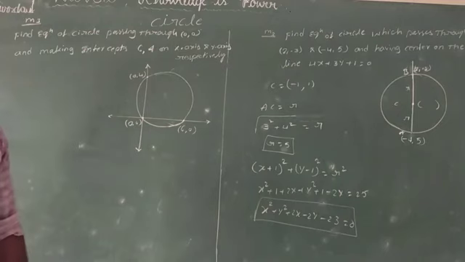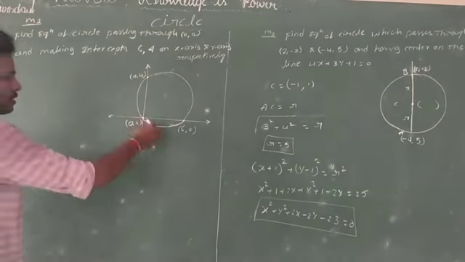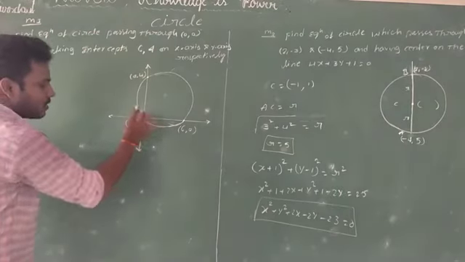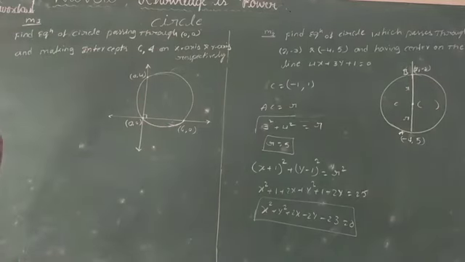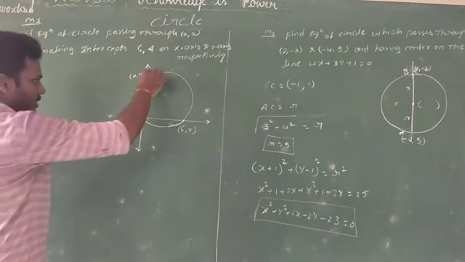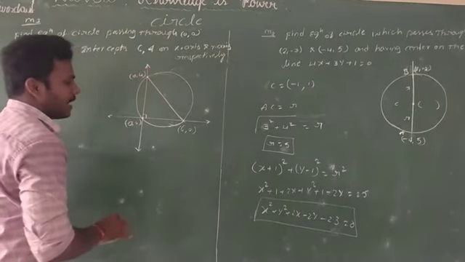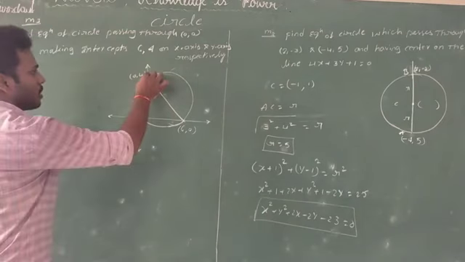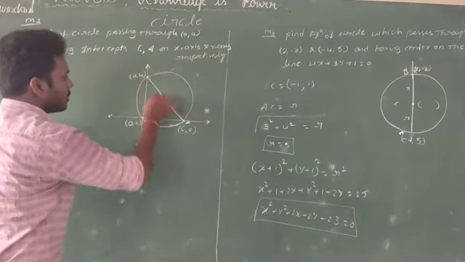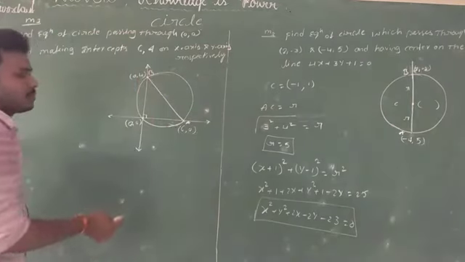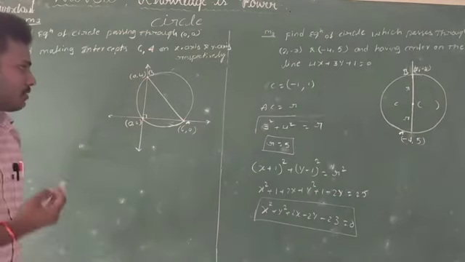The angle between the axes is 90, we know. So if you join these 2 points, it definitely becomes the diameter of the circle. Suppose this is point A, this is point B. So AB is the diameter of the circle.